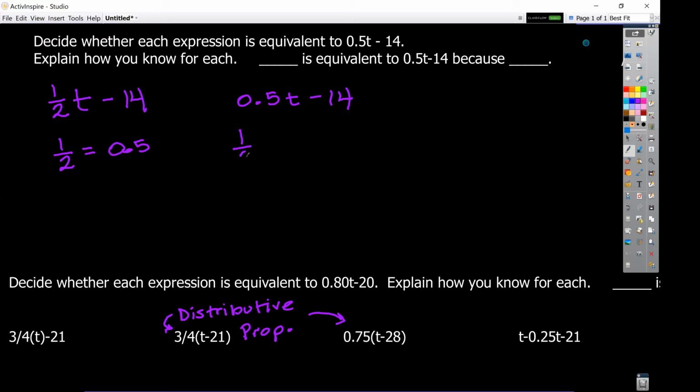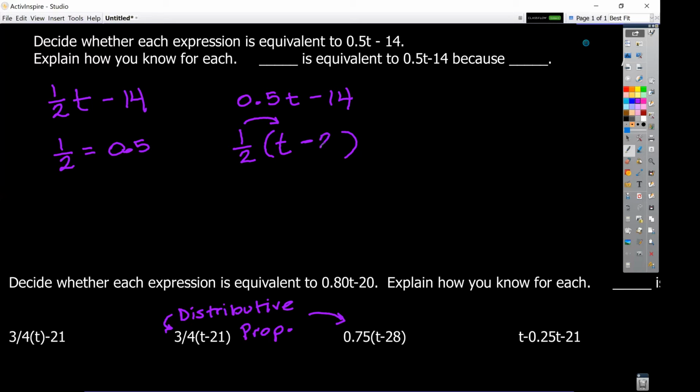You all know now that 0.5 is equal to a half. And now in the parentheses, we need to put a t, since a half will be multiplied with t, our minus sign, and then half of what number equals 14?